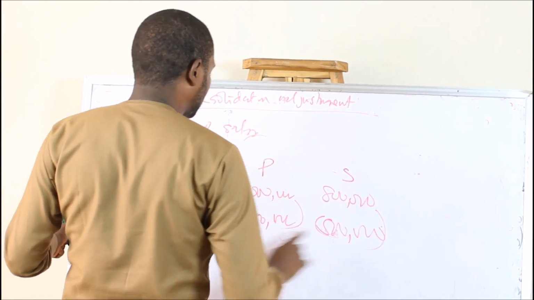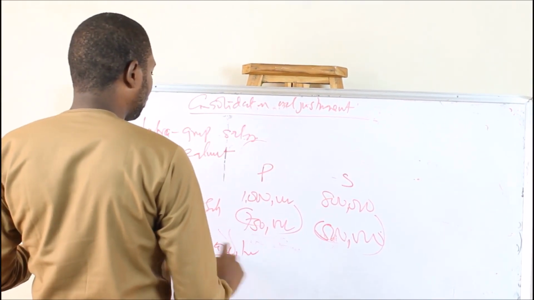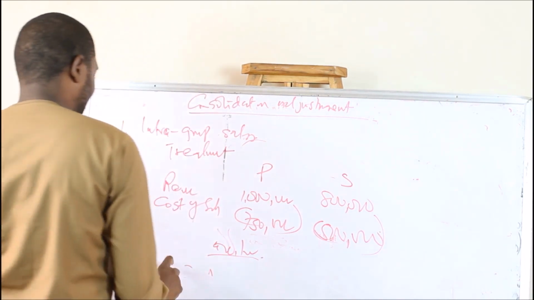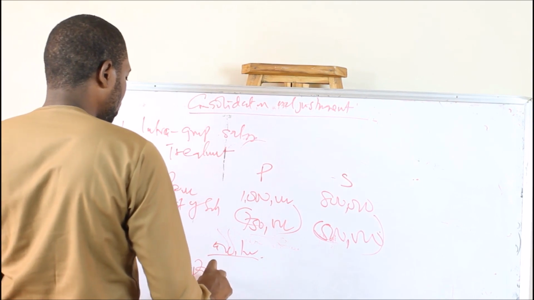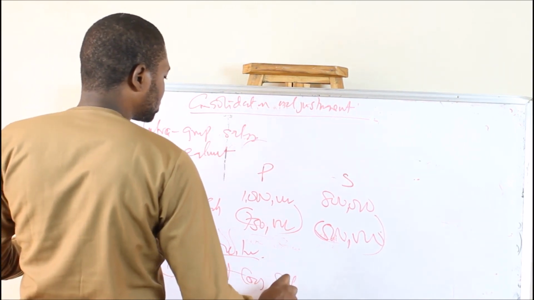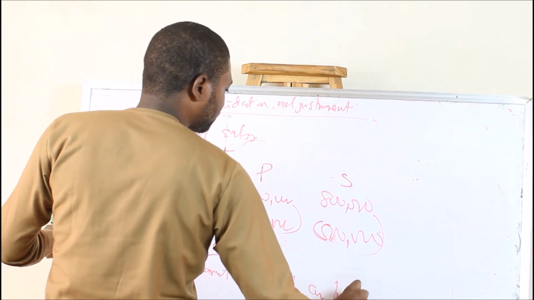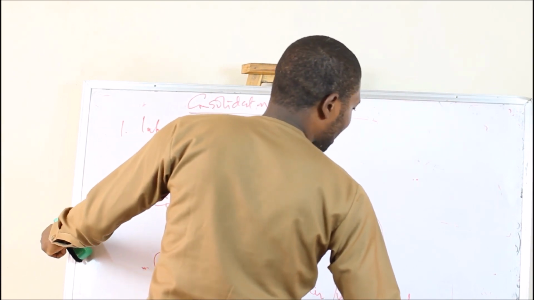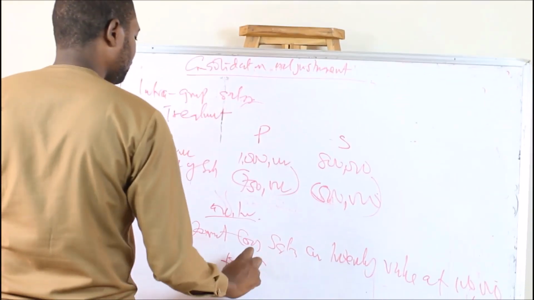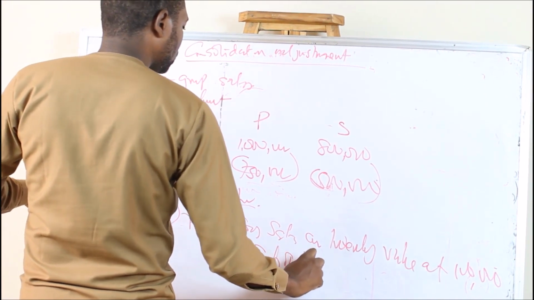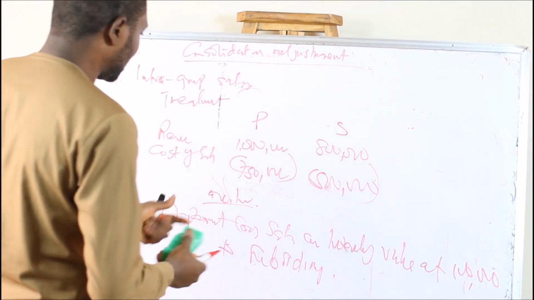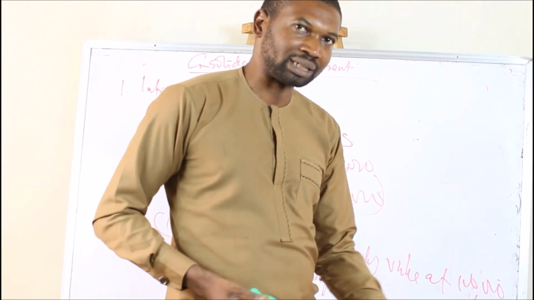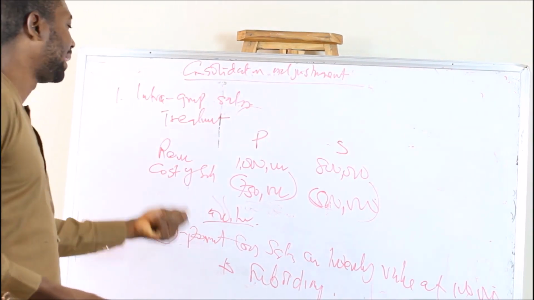Under additional information, we are told that the parent company sells inventory valued at 100,000 to the subsidiary. Or it can even be the subsidiary selling to the parent at 100,000.